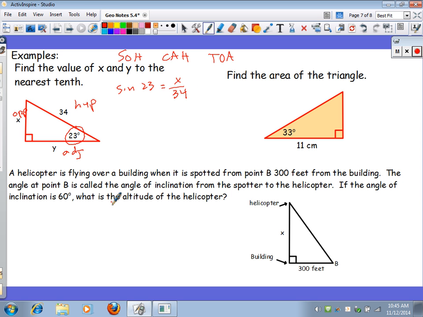Have to use sine on that one because you've got O and you've got H. S-O-H, so sine. Multiply by 34 on both sides. It's nice when the number's at the bottom because you can just multiply 34 times the sine of 23 straight in your calculator. And you get 13.3 is your x.